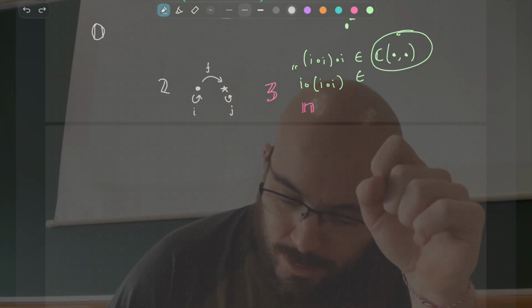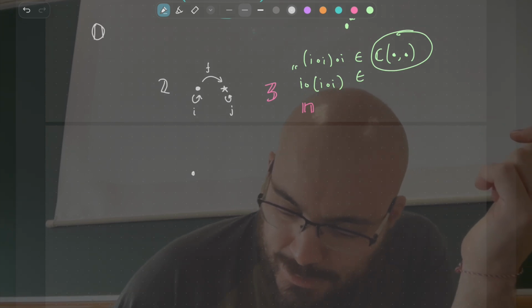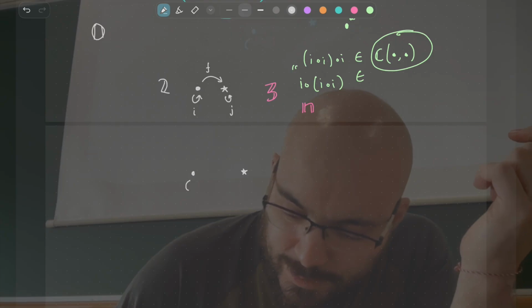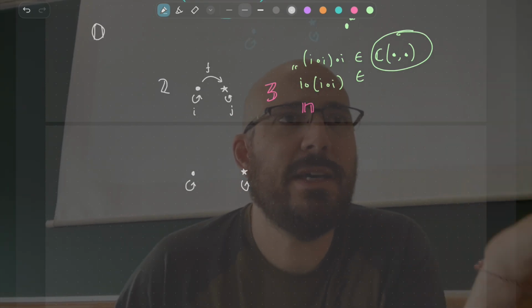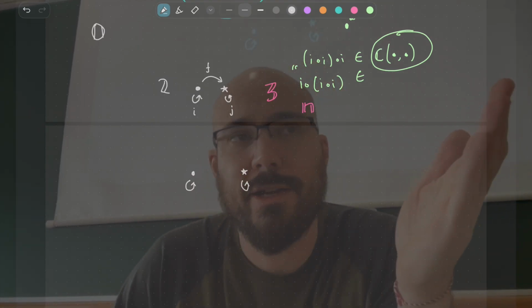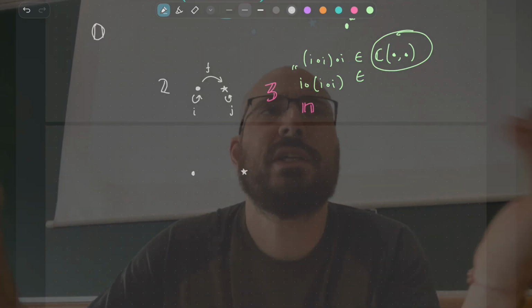Okay, we have some conventions, right? We don't want to keep polluting our diagrams with silly loops like this. Since the identity law mandates that for any object there is a certain identity, we never draw these arrows unless we want to emphasize something.